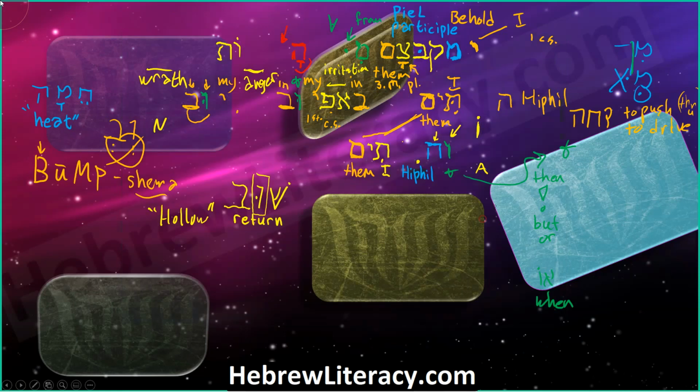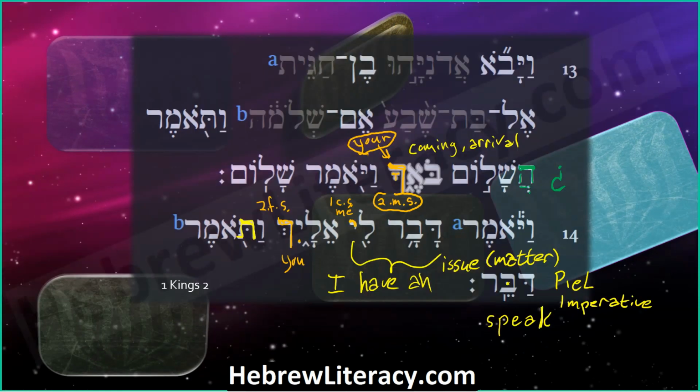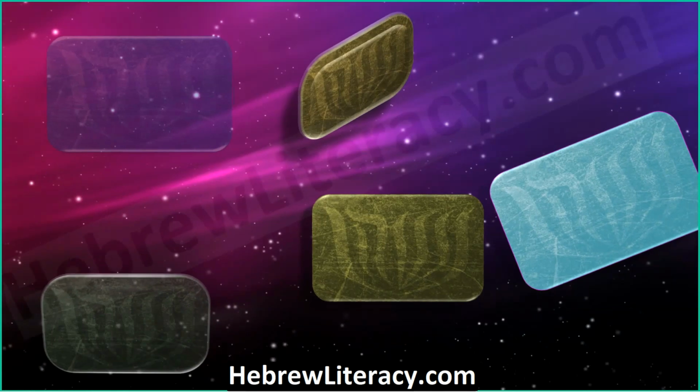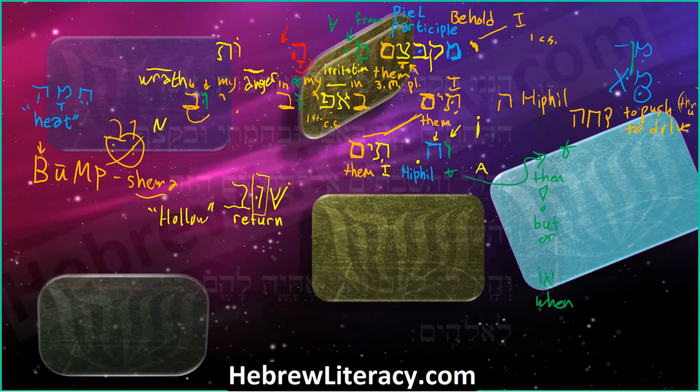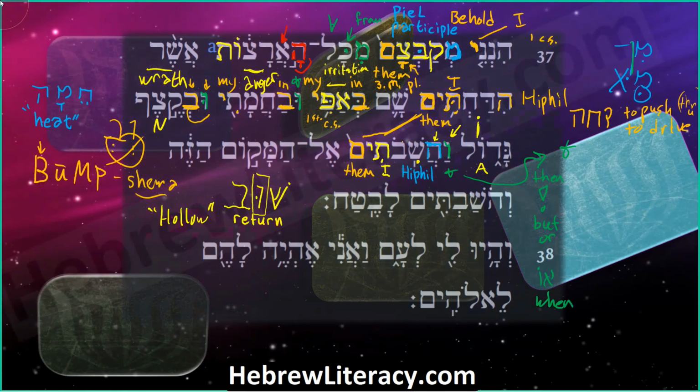To this standing place. Good. El is "to" or "unto." Hamakom is the noun. Hazeh is the adjective, right? So literally, to the place, this one.